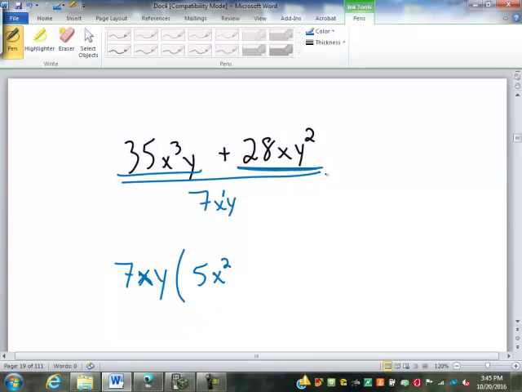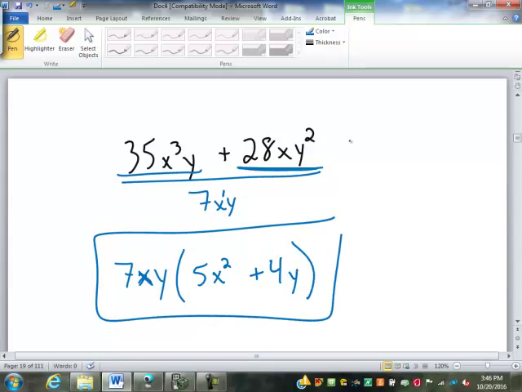Now it's 28xy squared divided by 7xy. 28 divided by 7 is 4. Now it's a positive 4, so let's put in a plus 4 there. X divided by x cancels out. Y squared divided by y is just y. So 7xy times 5x squared plus 4y. These are the factors of that.